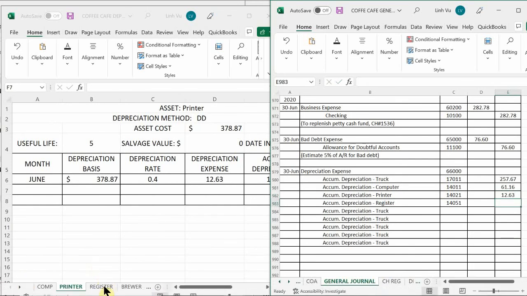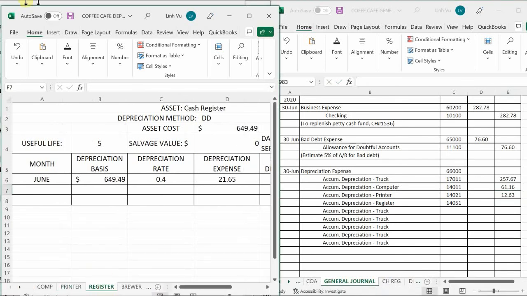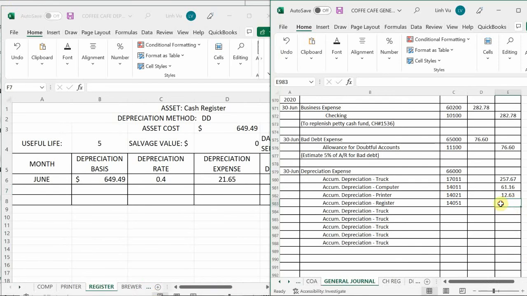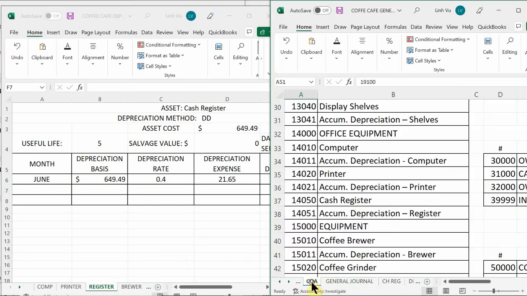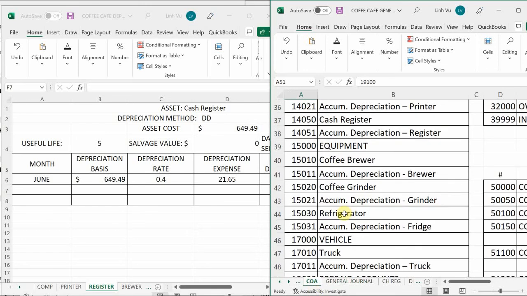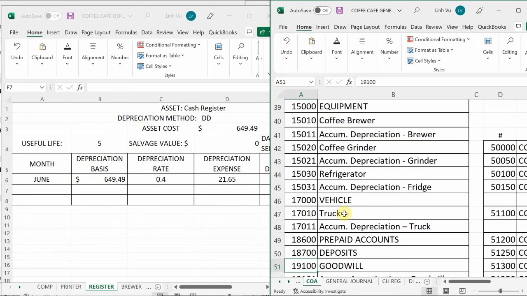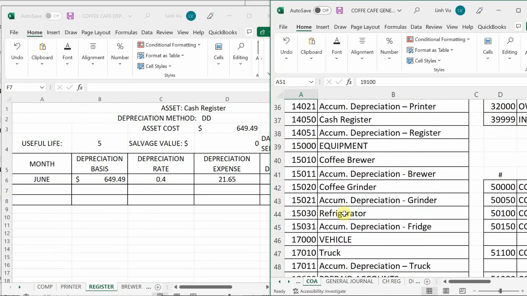What was for my register? $21.65. Okay, so let's see what's next. I have my coffee brewer and coffee grinder. So let's check out what that is in my chart of accounts. Coffee brewer is 1511, and then coffee grinder is 1521.